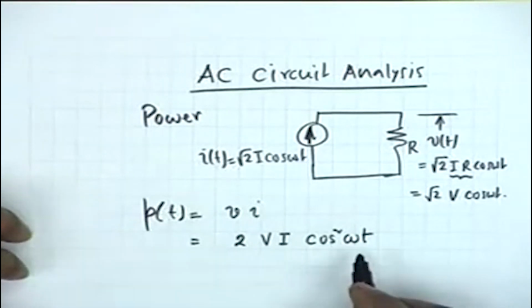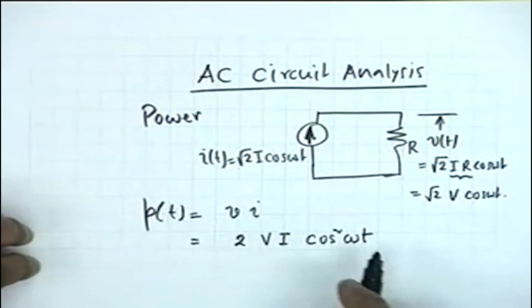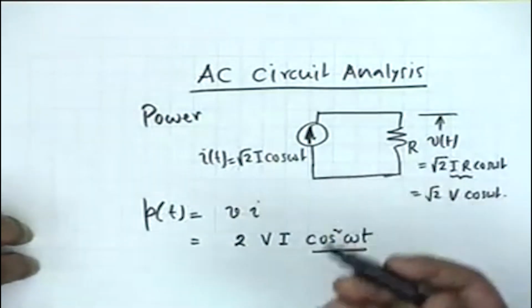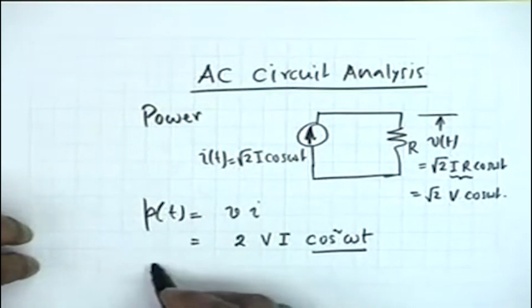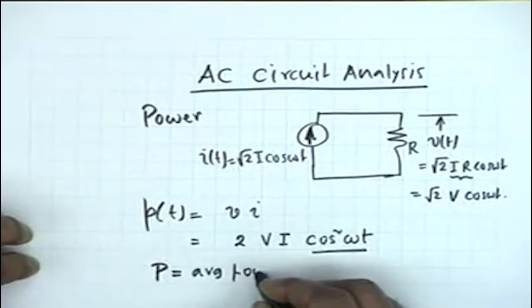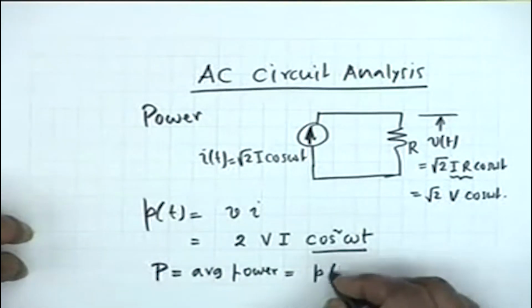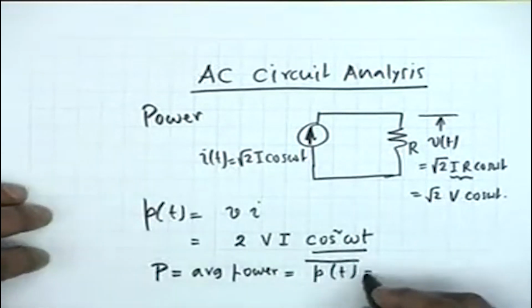In other words, the power is always positive, because it's the square of cosine, and the negative halves are also flipped into squares of the cosine, and therefore it makes sense to talk about the average power, capital P, the average power averaged over a complete cycle.